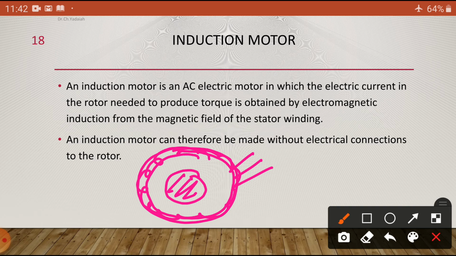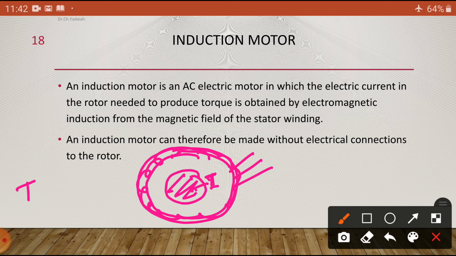That means whatever current is required in the rotor for production of torque is taken from the stator field through the air gap.